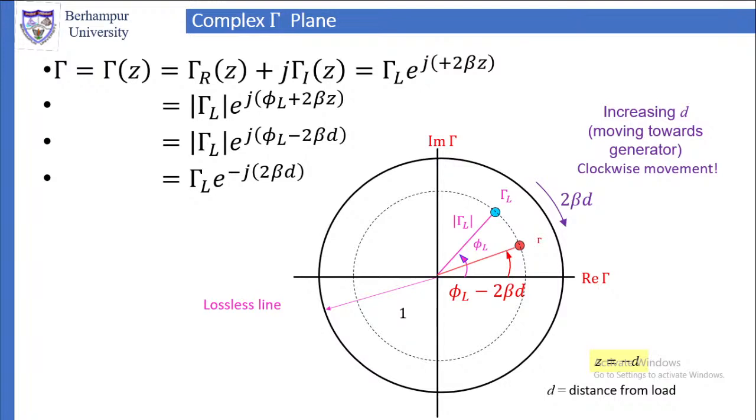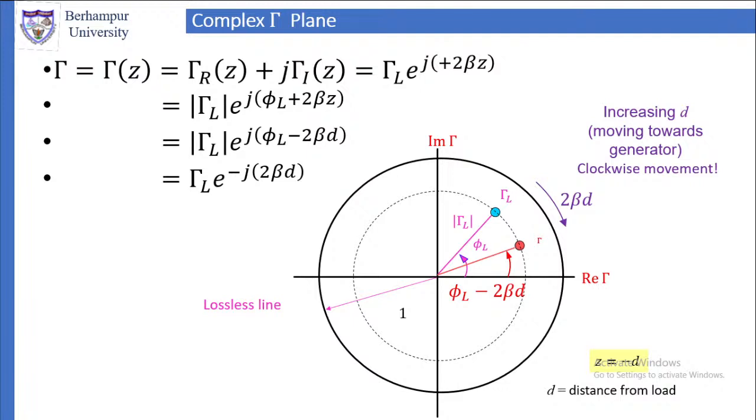So the angular term is phi L minus 2 beta d, and the absolute value is gamma L. So gamma L exponential j (phi L minus 2 beta d) is the red dot point. This is how you draw a point on the complex gamma plane.